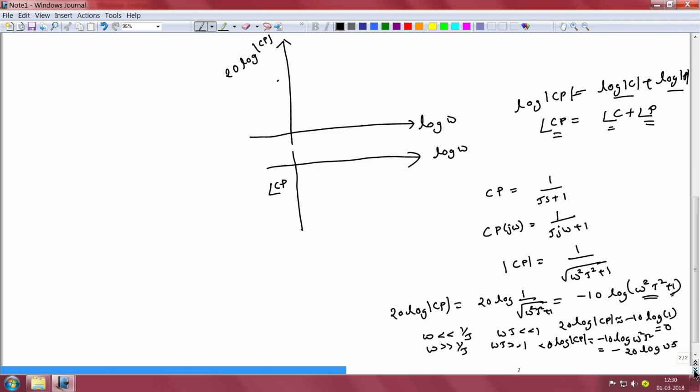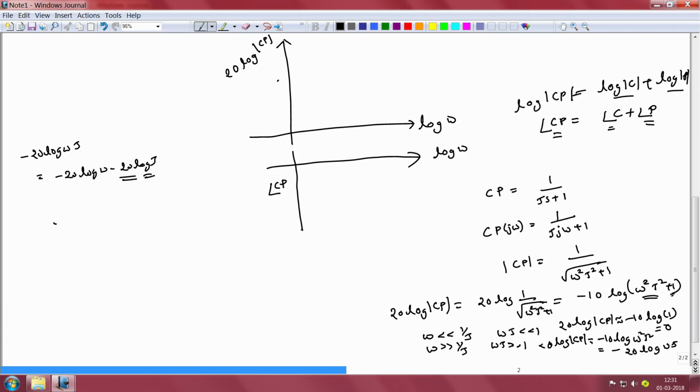This can be simplified further. So, minus 20 log omega tau would be equal to minus 20 log omega minus 20 log tau. Now, tau is a constant. So, this term here is therefore going to be a constant.